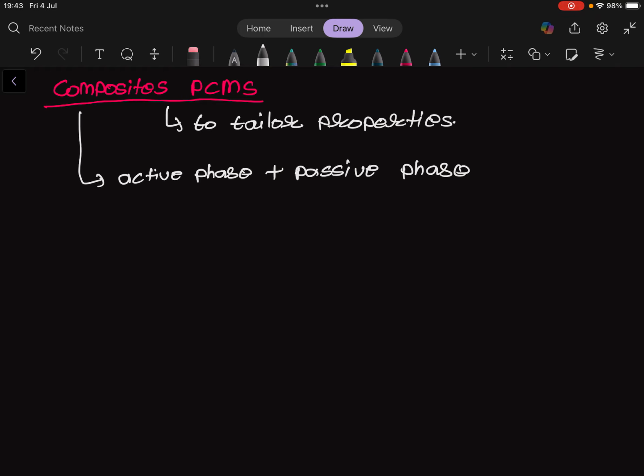So we have an active phase. The active phase has lower melting temperature and worse thermal conductivity.